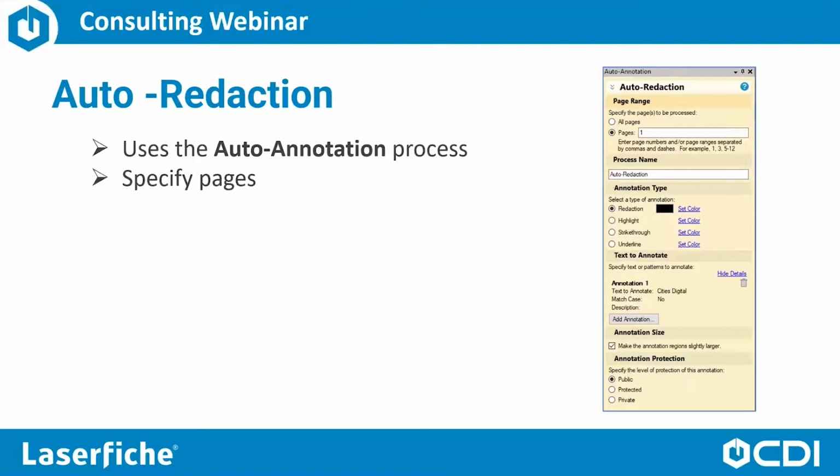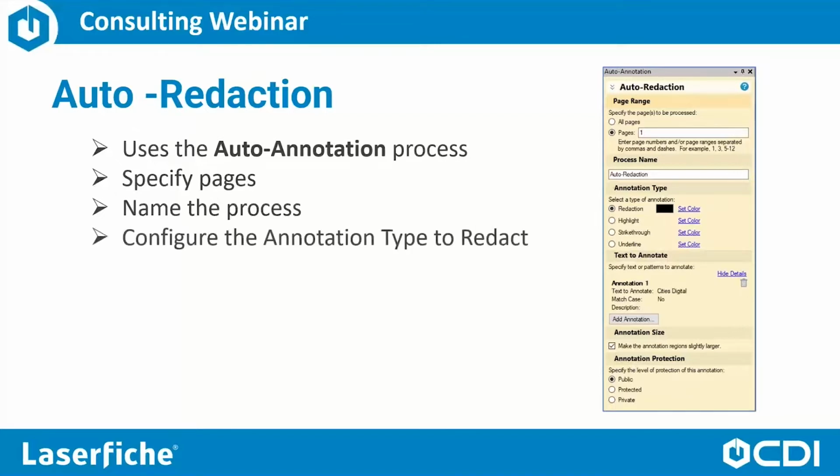The auto-annotation process can be used in pre-classification processing, page processing, or post-processing. When configuring, we are going to first specify which pages we want to annotate in our document. We'll provide a name for the process, such as auto redaction.